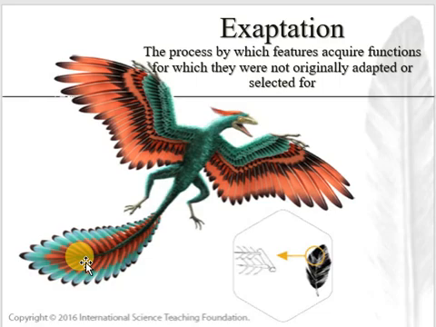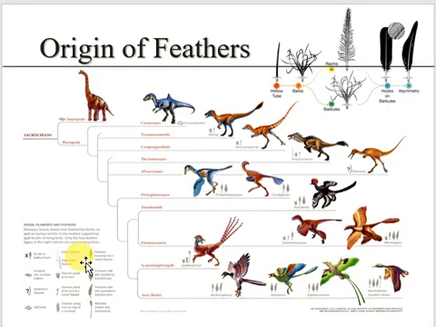The main one being feathers, right? So feathers were initially believed to have evolved from scales made of keratin for insulation. Back with your little early dinosaur friends.